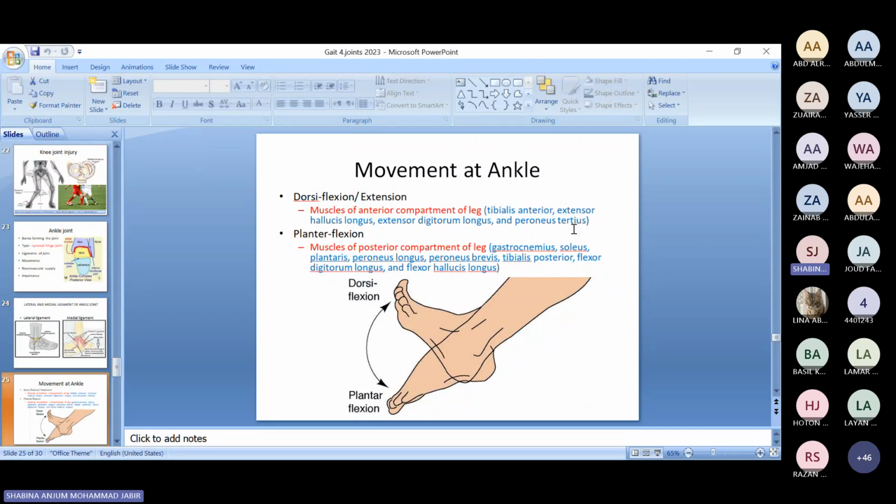I hope you remember we just discussed all these muscles. Then we have plantar flexion: muscles of the posterior compartment like gastrocnemius, soleus, plantaris, peroneus longus and brevis. They are from the lateral compartment, but they are also responsible for plantar flexion. Also tibialis posterior, flexor digitorum longus, and flexor hallucis longus.